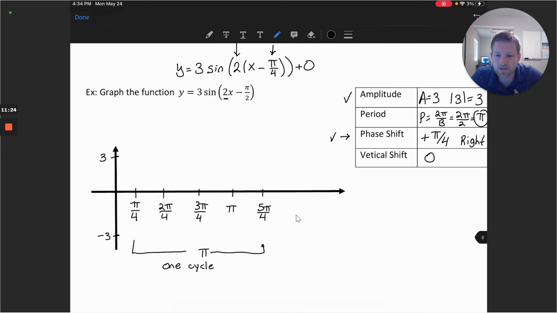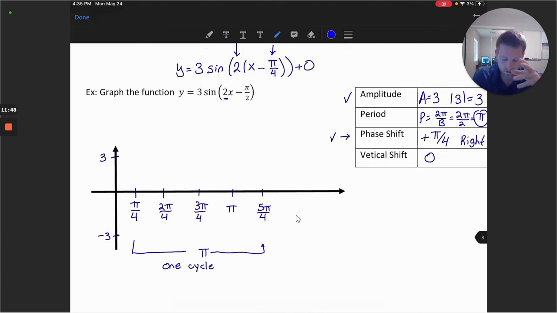So now let's consider, notice that I kind of chunked this up into 4 segments. And that's kind of important when we go to graph these. It's helpful to take our period and chunk it up into 4 sections, because there's really going to be 4 kind of wave portions for our sine or our cosine function.